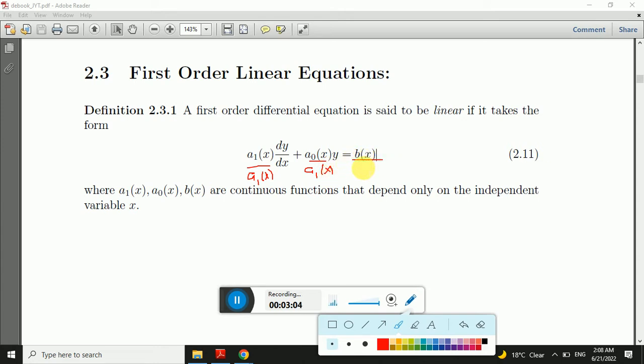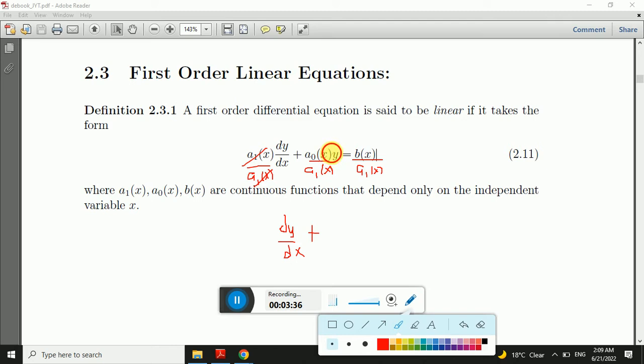And even on the right hand side by a1 of x. So what is going to happen is that this a1 of x and this will cancel, so that will remain with dy over dx plus, now we shall have here a0 of x over a1 of x y.